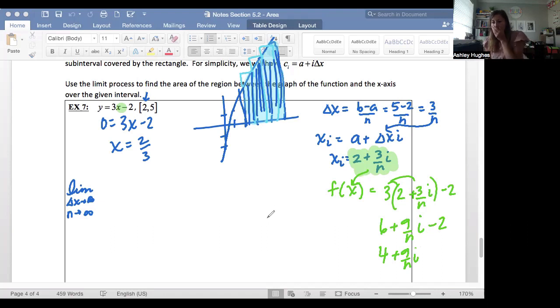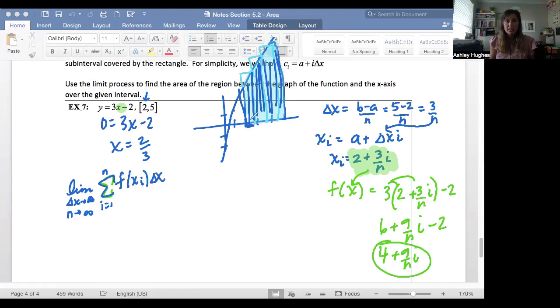So now what are we going to do? We're going to take this and do our limit process, where we're finding the summation of f of xi, from i equals 1 to n, and it's f of xi times delta x, because these are rectangles.